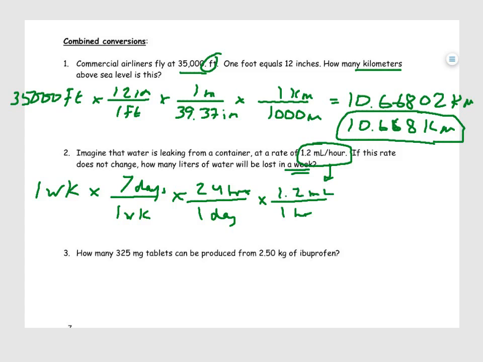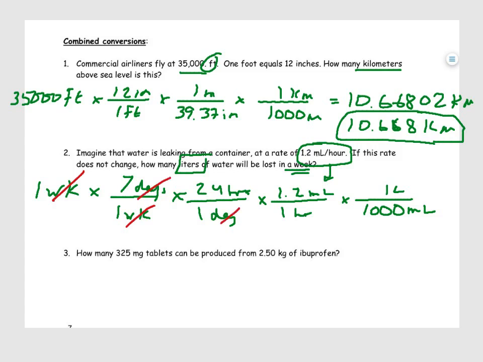But then the last thing I want to think about is the fact that I'm asked for liters. How many liters? Well, there's 1,000 milliliters in 1 liter. So 1,000 mils would have to go on the bottom for 1 liter. Let's look at the units and see what we're going to end up with. Weeks will cancel.